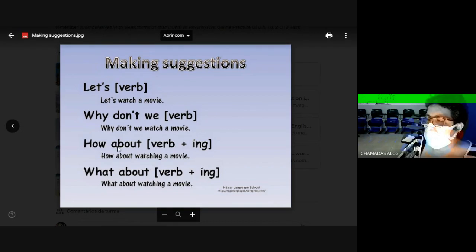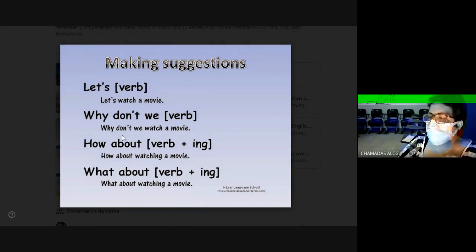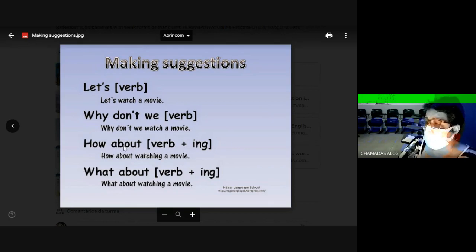Now, how about? When we use how about, we have to use the verb plus ing, okay? If I decide to use a noun, then I don't need to change anything. I can say, how about the Grand Canyon? Or how about Las Vegas? It's okay. But if I want to use a verb, then I have to add ing because this is a preposition.